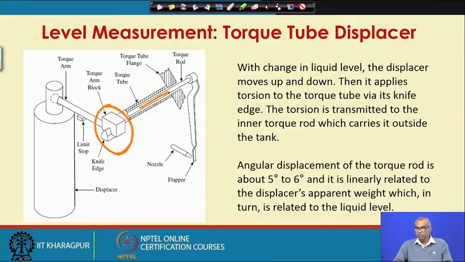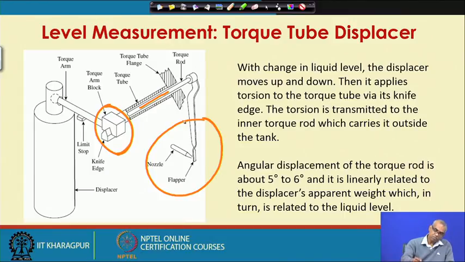This angular displacement of the torque rod is only 5 to 6 degree. This can be amplified by this flapper and nozzle system. Note that this angular displacement will cause this flapper to move against this nozzle.